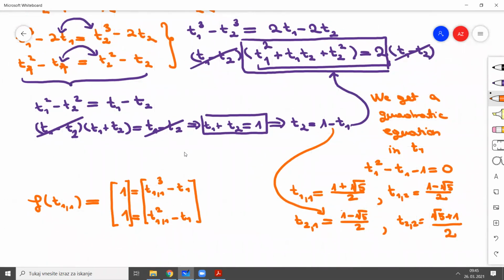And also the other, so f of T1,2. Of course, since our condition is that f of T1 is equal to f of T2, we should get the same point. Otherwise, it wouldn't be a self-intersection. So you can check that we indeed get (1, 1).